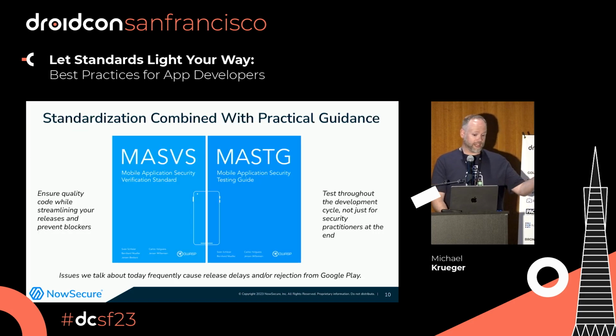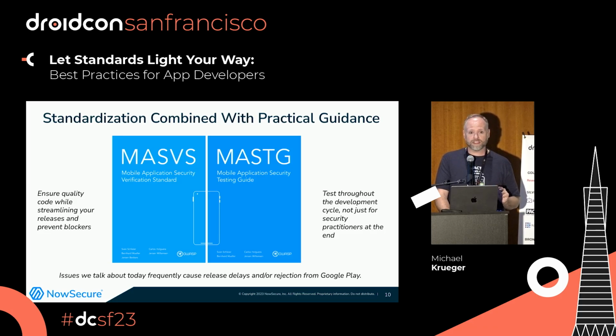So now we have our standard, the MASVS, and we have practical guidance with the MASTG. With these two combined, you can ensure you've got quality code. You can focus on preventing release blockers. And this is really what I want to hone in on: everything that we talk about today is real-life issues that we see in applications that we're testing.